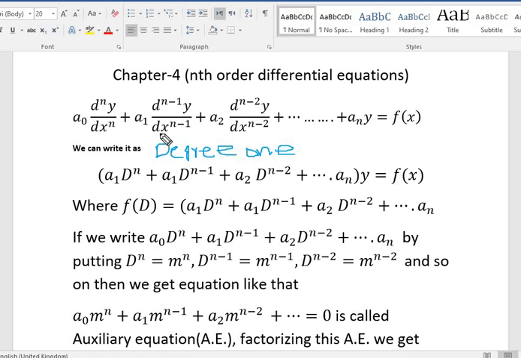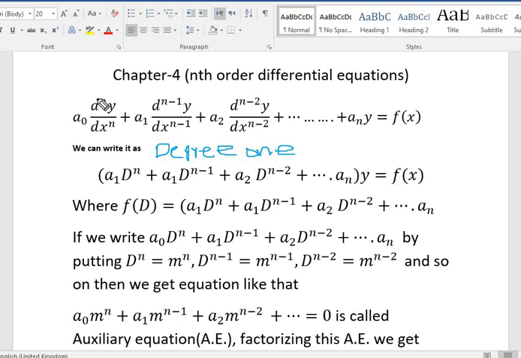In this chapter, chapter number 4, nth order differential equation, we want to study how to solve nth order differential equations. Before, in chapter 1 and chapter 2, we studied how to solve first order differential equations. Now we are going to study how to solve nth order linear differential equations of degree 1.